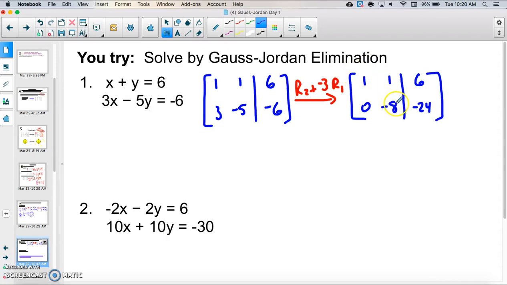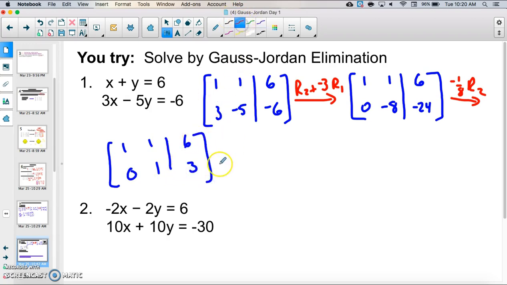Next, to get to that 1 in this spot, we could multiply by -1/8. So if I do -1/8 row 2, that'll give me my nice 1s. So I've got 1, 1, 6, 0, 1, 3.